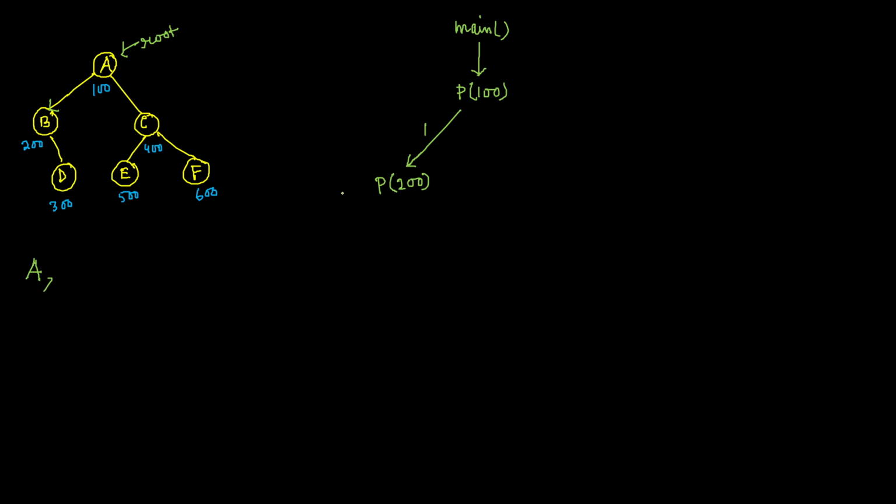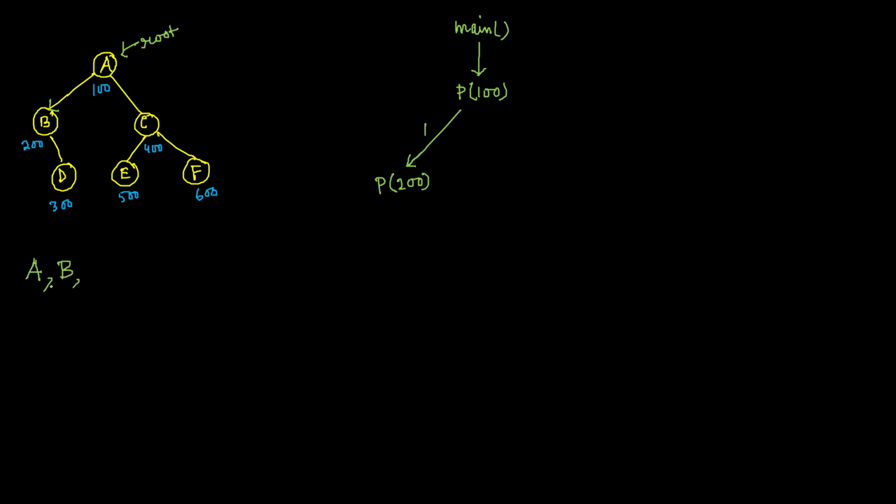Now one of your clones has got this, and since it's your clone, it thinks in the same way, as a recursive function does. This clone will see whether the root is null. With respect to this clone, the root is 200, not 100. Now 200 is not null, so it will print the data first, blindly. So it will print B.